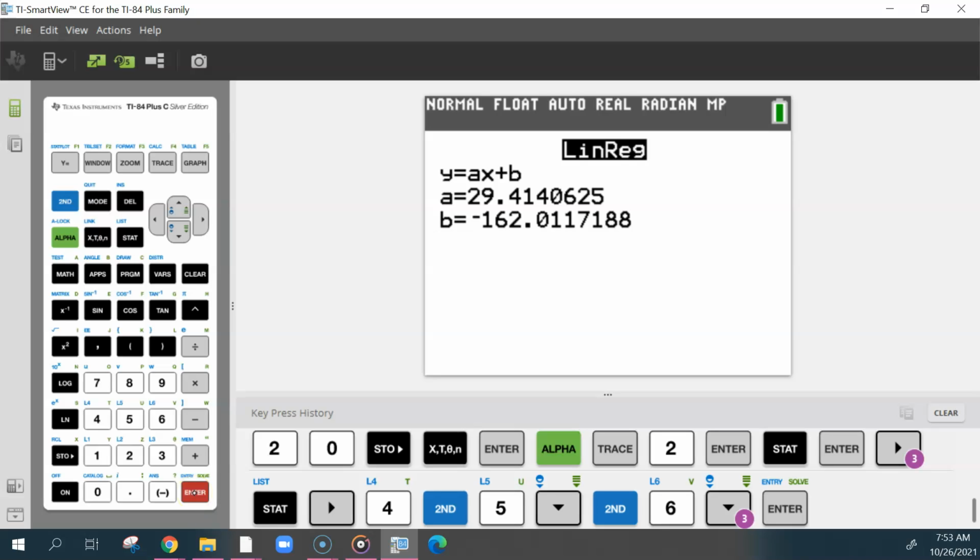And then when you write this equation, make sure it's in this format, y equals ax plus b, or mx plus b is really what it should be. At least 2 decimals when writing this equation. So 29.41x minus 162.01.